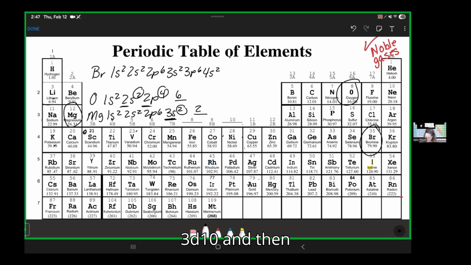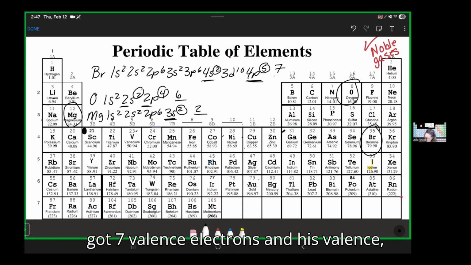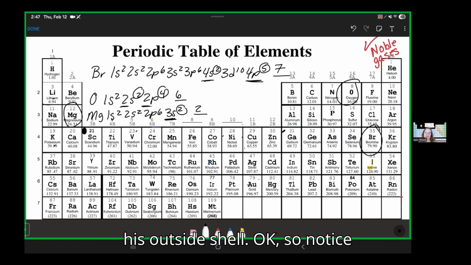Remember your d's right here are 1 energy level lower, so that's 3d10, and then I'm back over here to 4p5, 5 electrons to get to bromine. Our highest shell here is shell number 4. So he's got 7 valence electrons in his outside shell.